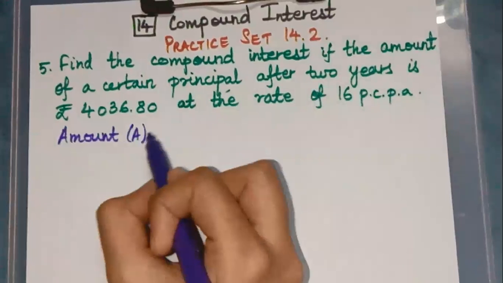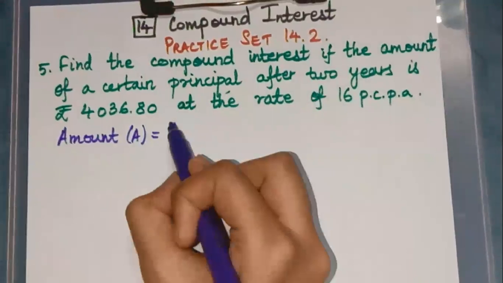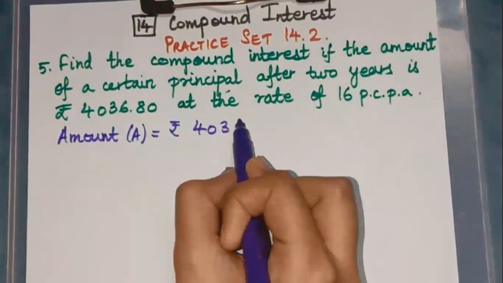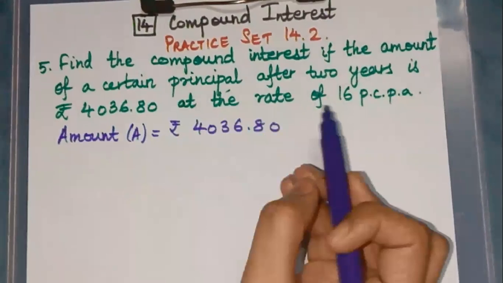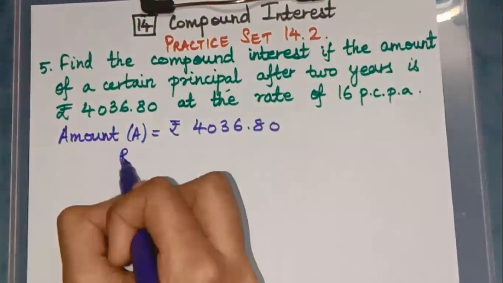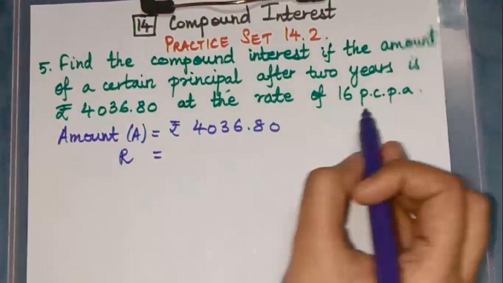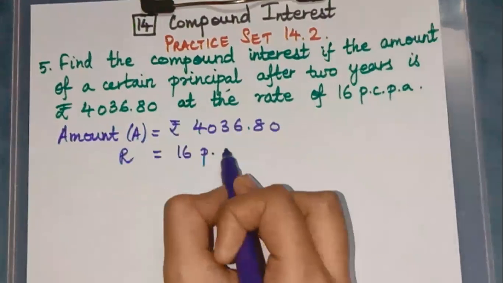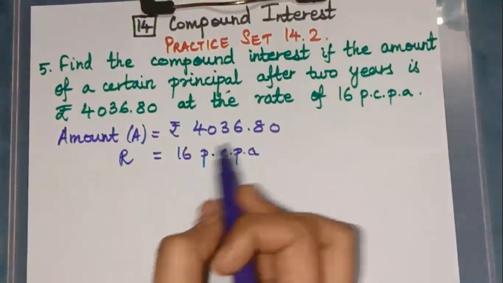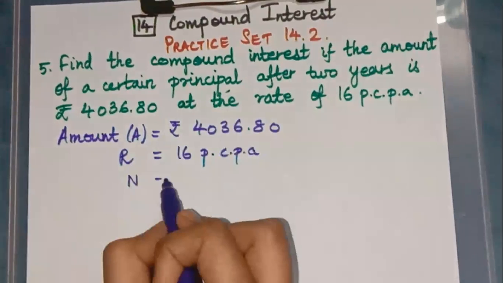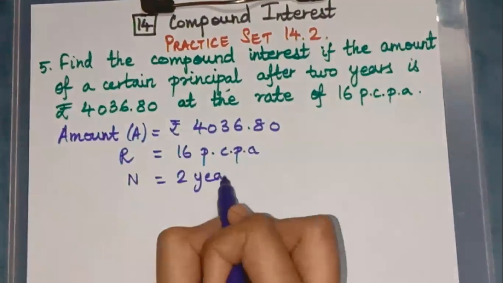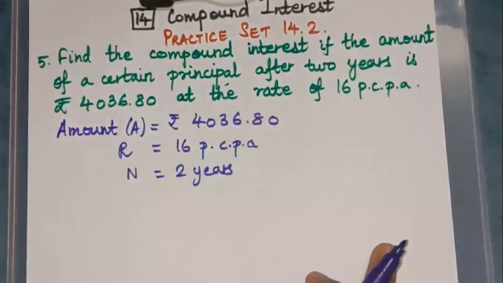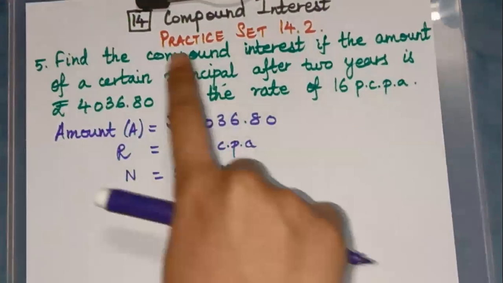Amount A is equal to rupees 4,036.80. Then you have the rate, which is 16 PCPA, and finally you have the duration, that is 2 years.